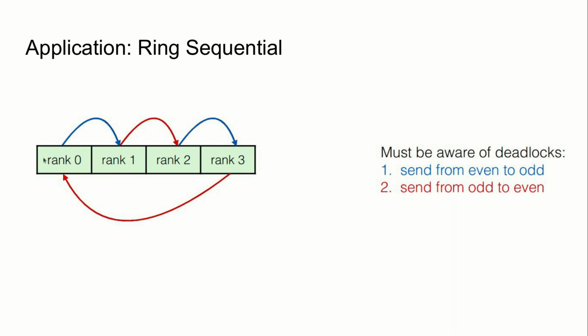Basically here we need to call MPI send from 0 to 1, and then MPI receive from 0 to 1, and so on. Here we must be aware of deadlocks: send from even to odd and send from odd to even. We need to take care of these two points.